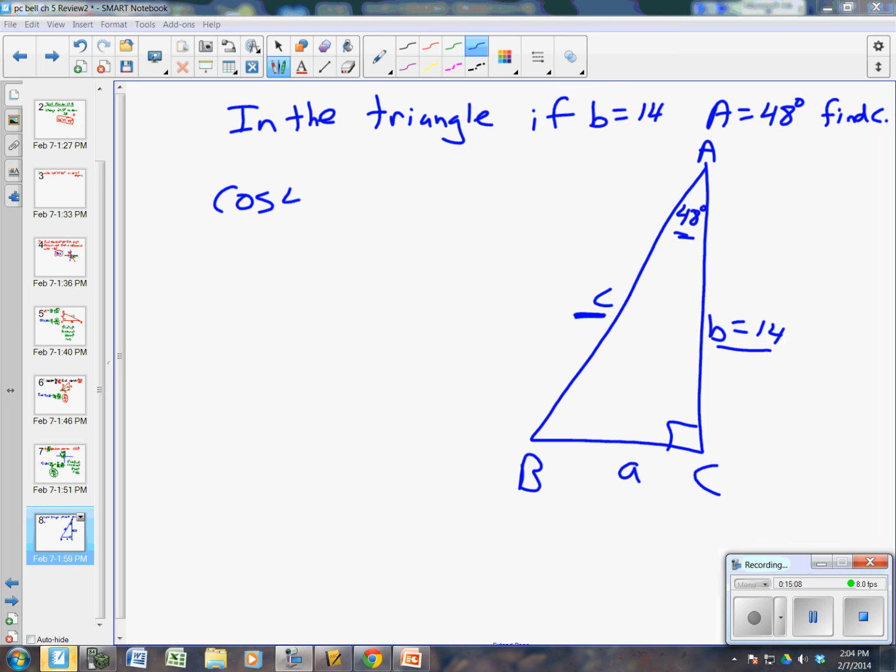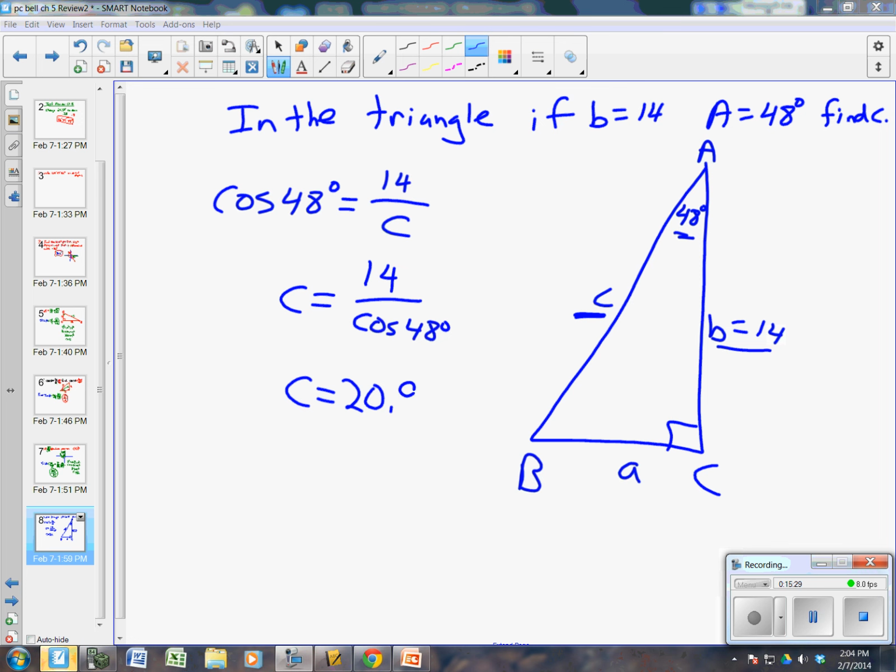So cosine 48 degrees equals adjacent side over hypotenuse. Remember, you guys, if you went through all the algebra, you would come up with C equals 14 over cosine of 48. So in other words, you can just switch the C and the cosine of 48. And what did you guys get again? 20 point what? 923? Oh, wow.